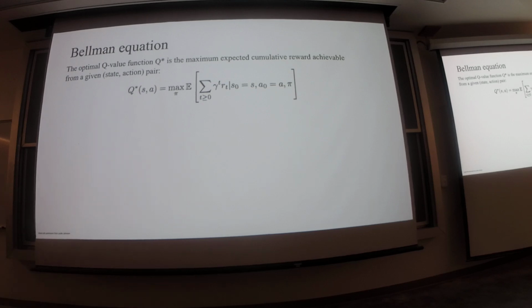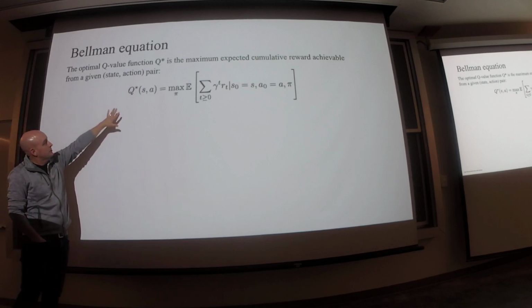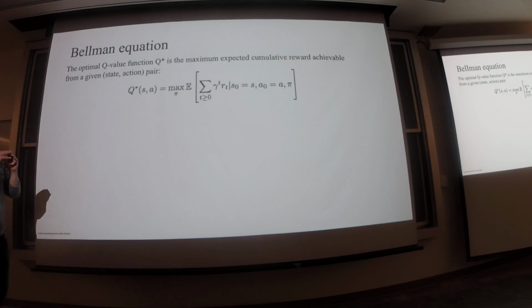Okay. All right. So this is where the rubber hits the road. We have the Bellman equation. So for our Q value function, an optimal Q value function is the maximum, given that state and action. Remember that these are functions over the entire state times action space.